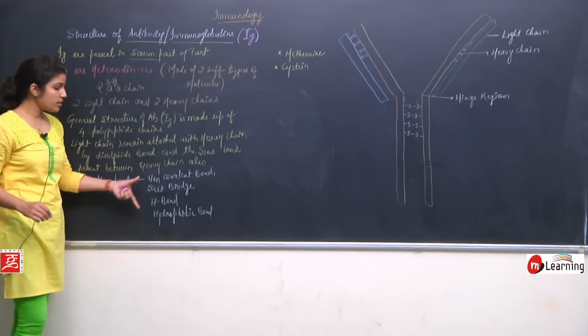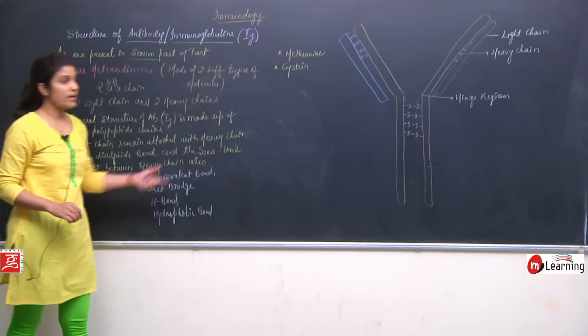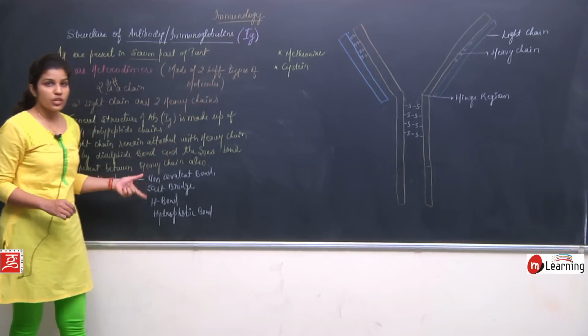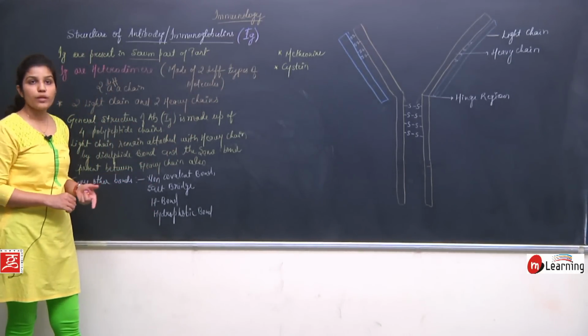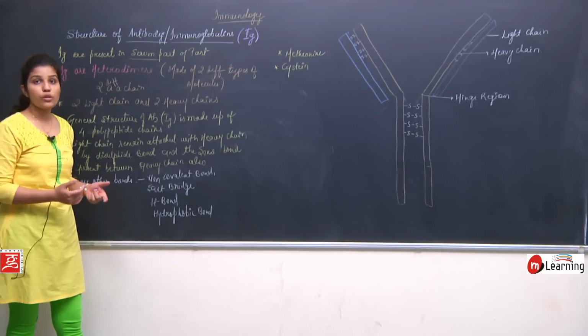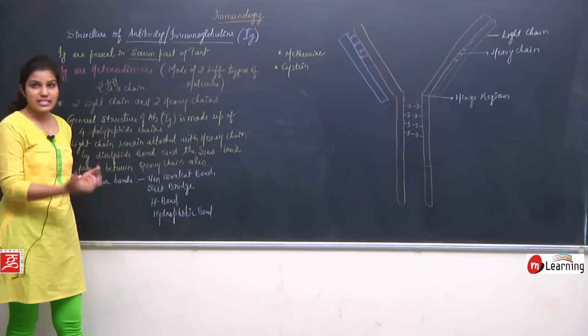These are the other 4 bonds, other than the disulfide bond, which are present in the immunoglobulin molecule for maintaining its stability.